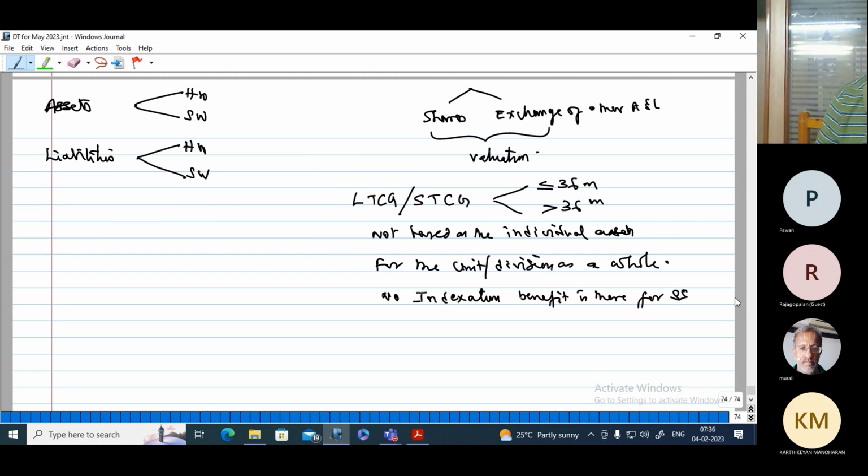Understood? Correct? Now, in the long-term capital asset, it is going to be full value of consideration minus expenses in respect of transfer minus cost of acquisition.